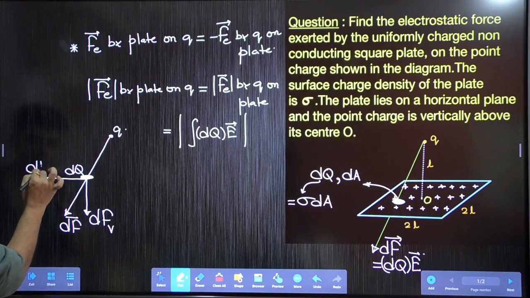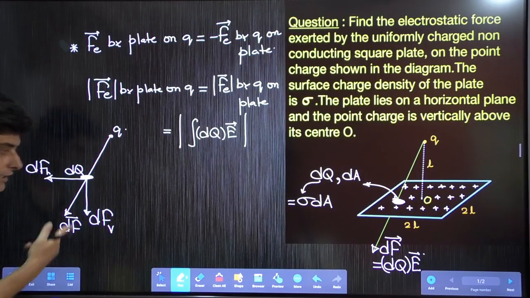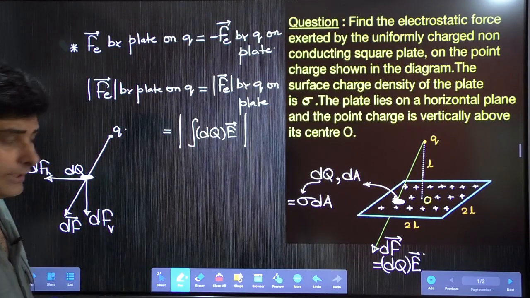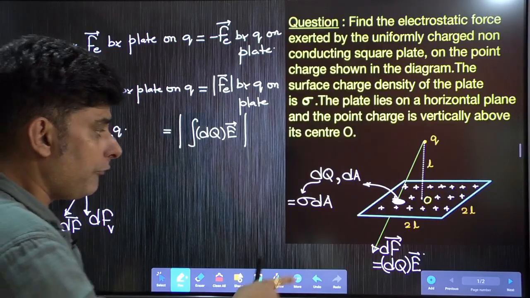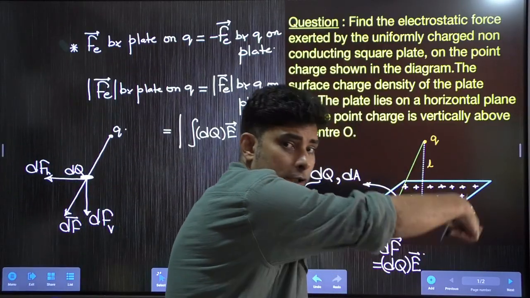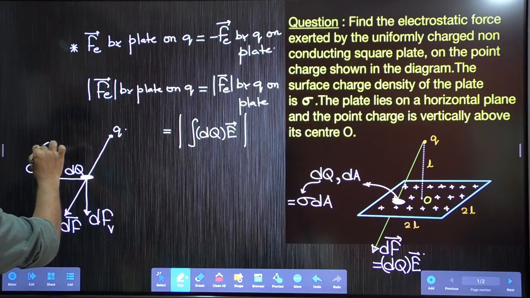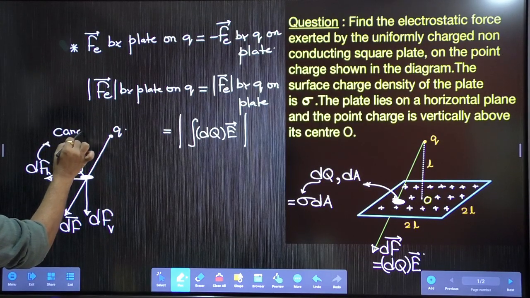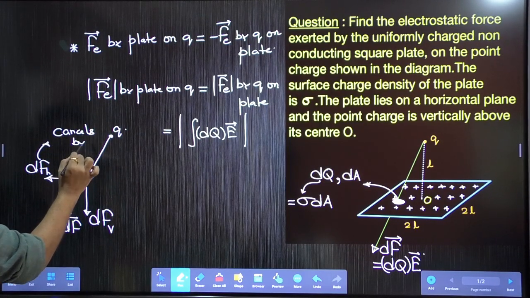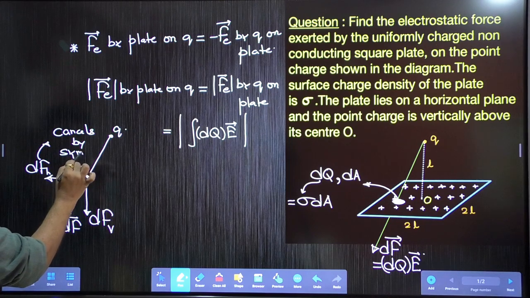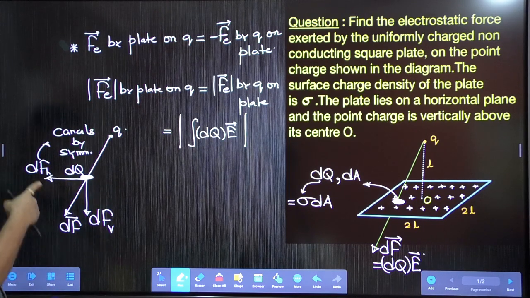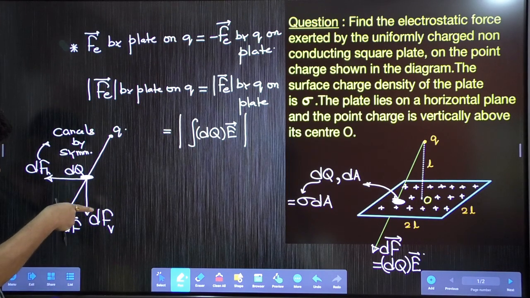We can easily say so, dFH and dFV. But since the charge is symmetrically located with respect to the plate, dFH will cancel by symmetry.